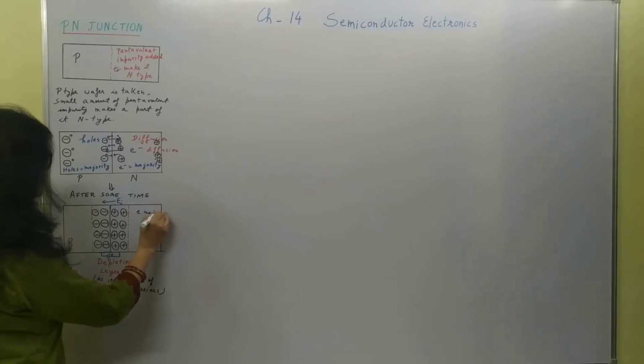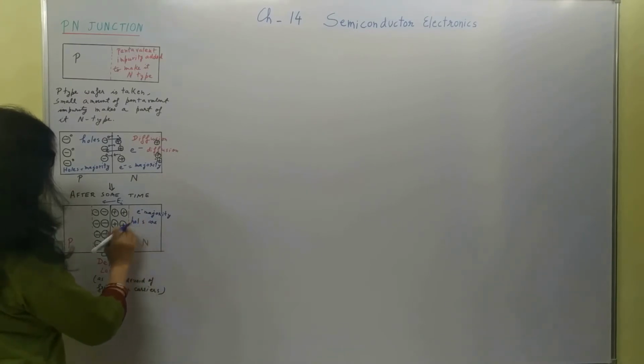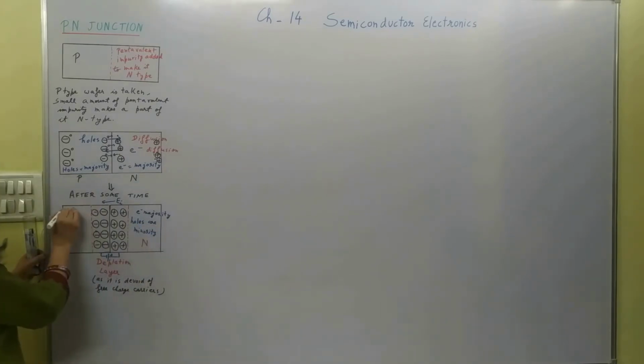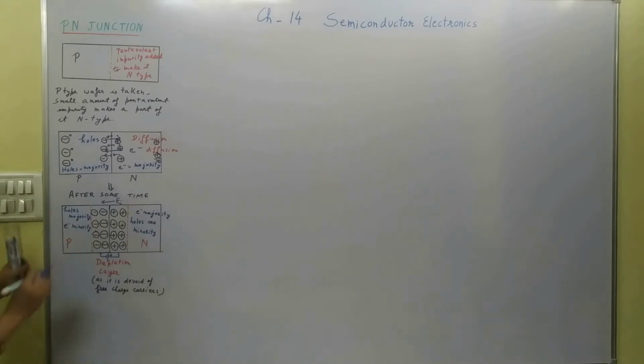So I can say that here electrons are majority, holes are minority, here holes are majority and electrons are minority, right?